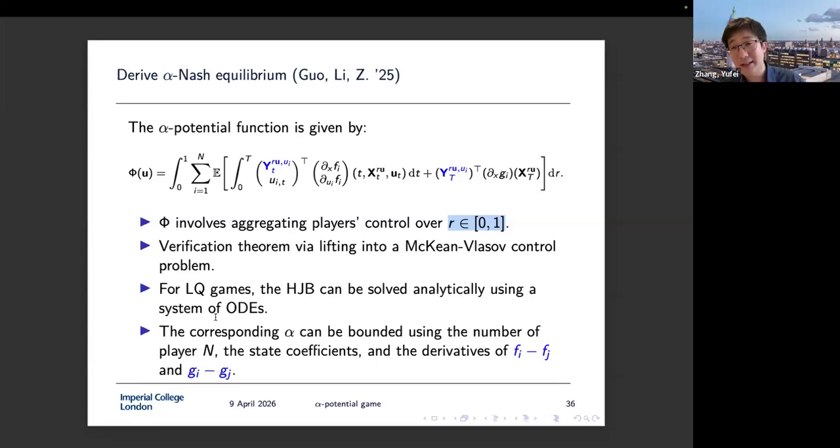In the linear quadratic case, this infinite dimensional HJB equation can be solved analytically using a system of ODEs. And then the corresponding alpha can be bounded similarly as before, but in terms of the number of players, in terms of the state coefficient, because there is interaction in the state, and also involving the gradient of the cost difference.